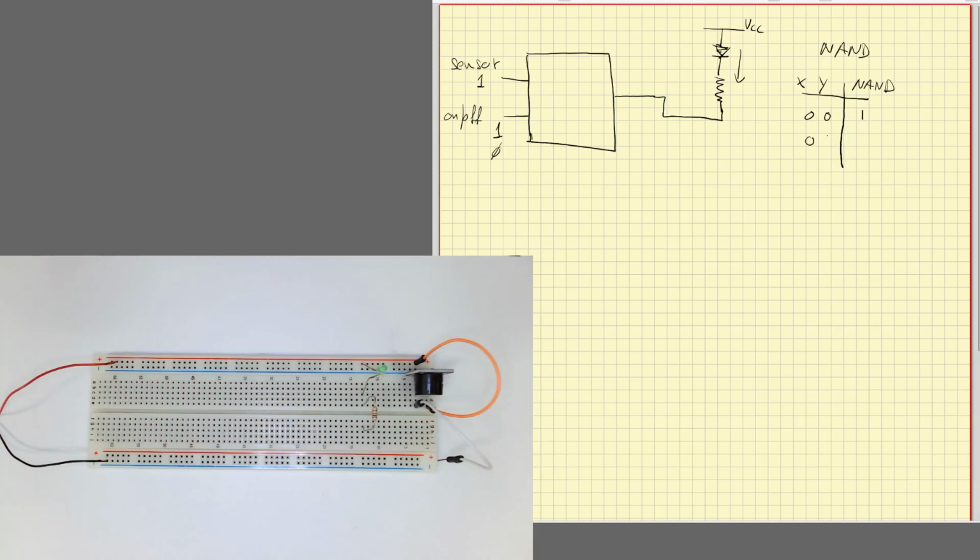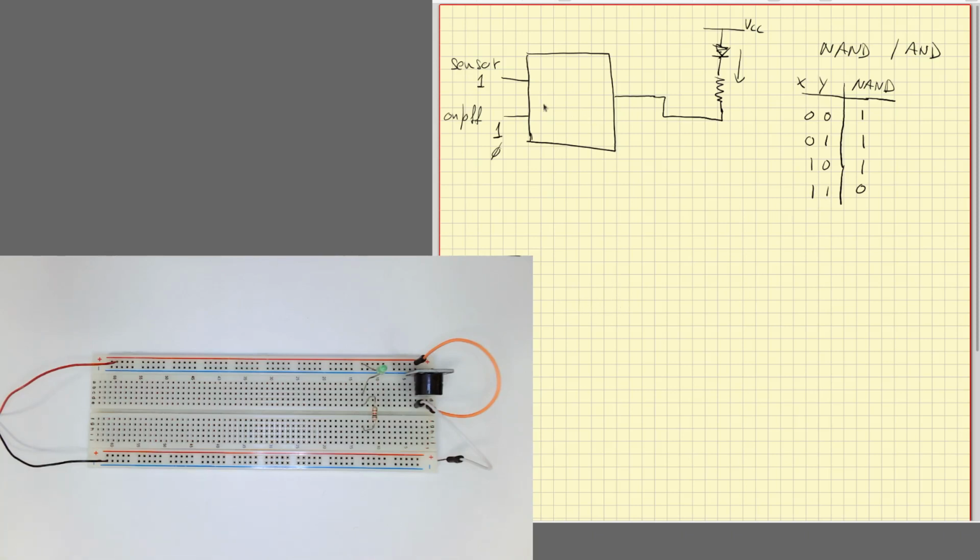When it's 0, 1, it is 1. When it's 1, 0, it is a 1 as well. When it's 1, 1, the output is a 0 value. This is actually the opposite of the AND operation. So in this case, the output is low only when both inputs are high, right?